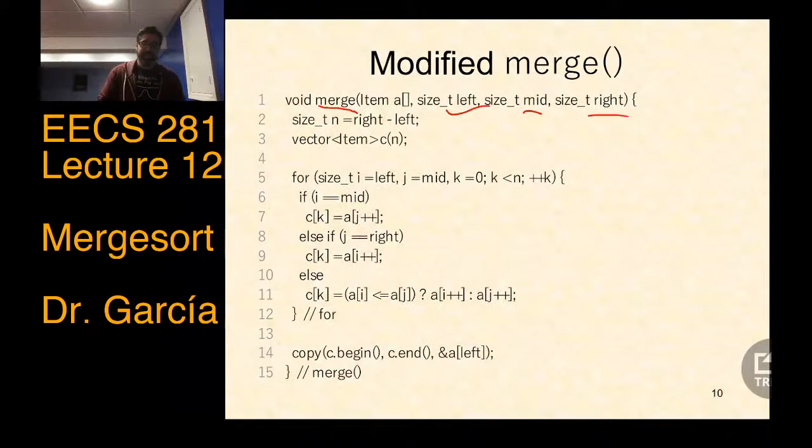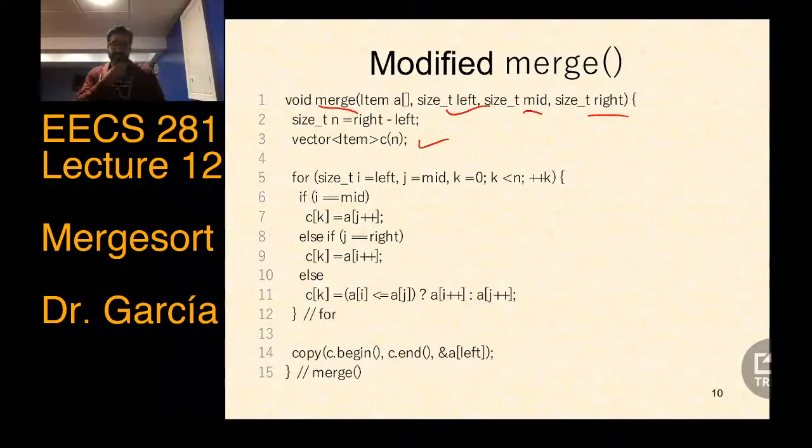Okay, and this is the one that I was referring to, where we actually create our output array within the scope of the merge function. So we know the size that we're currently looking at is just going to be right minus left, which is line 2. Okay, so that's n. That's how we know what the size of C should be, which we do create in line 3.